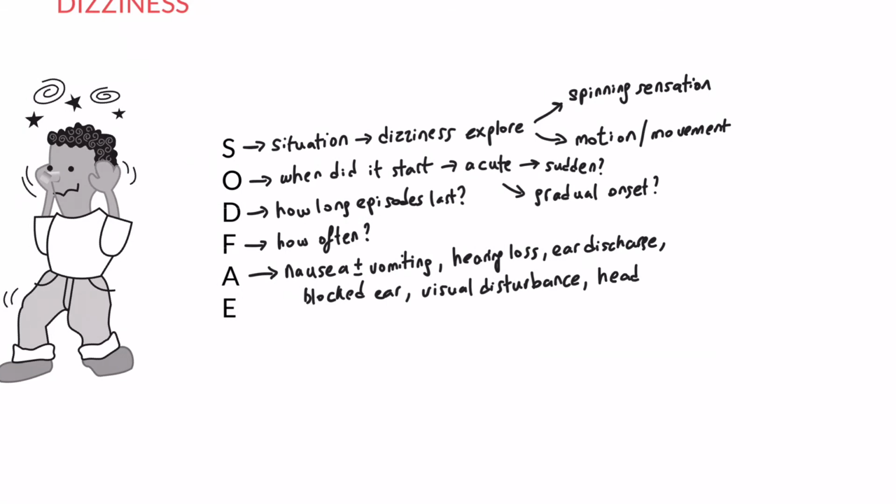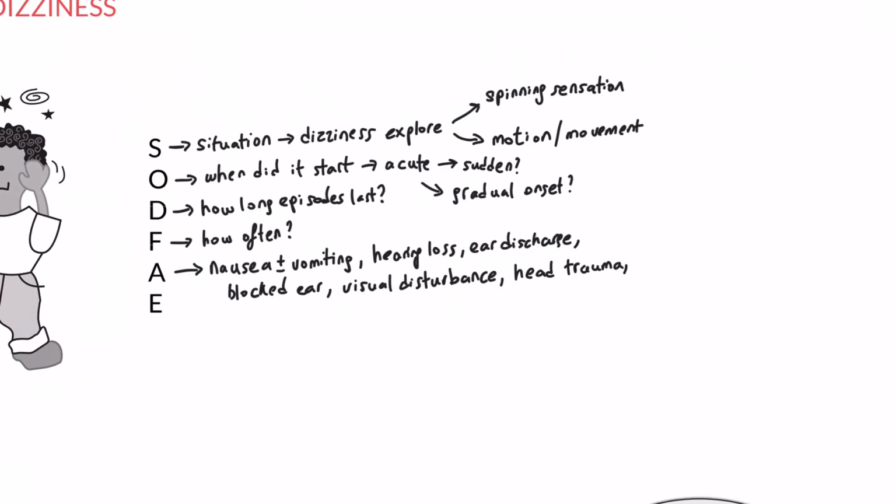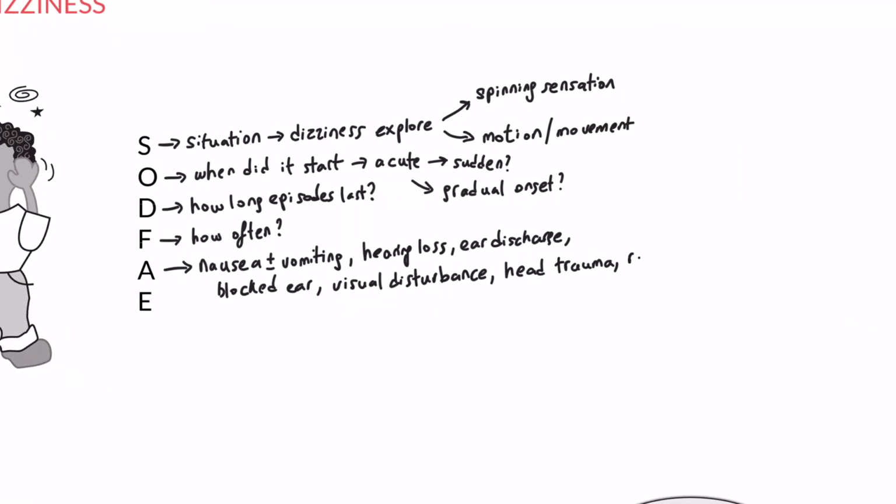Have they banged their head, or had a recent fall? You just never know. And any recent illnesses, mainly upper respiratory tract infection, URTI, and now you can ask about fever and stuff like that. Then you can carry on with some systemic type questions if you're not too sure.